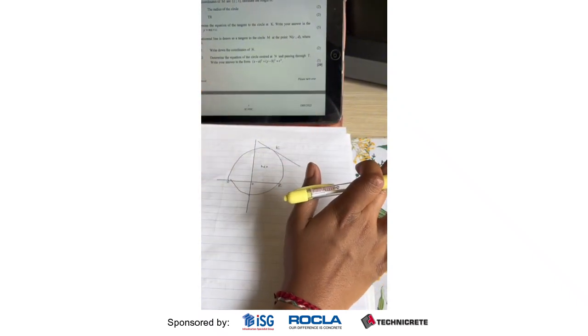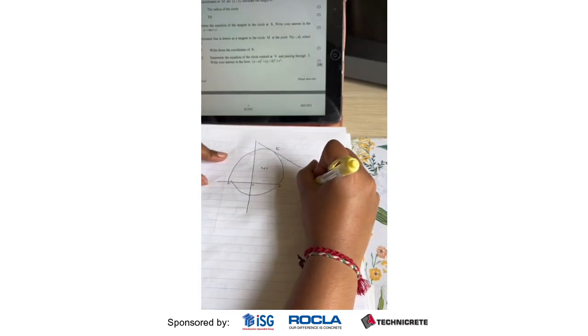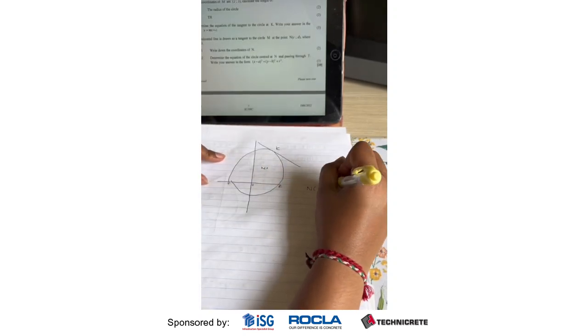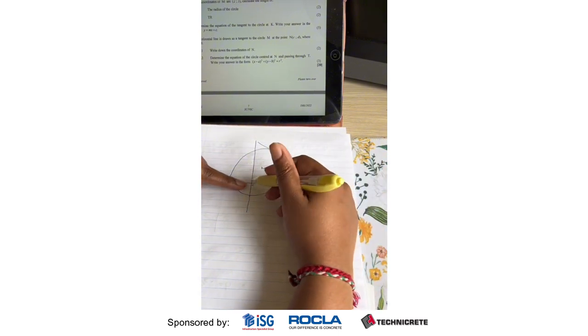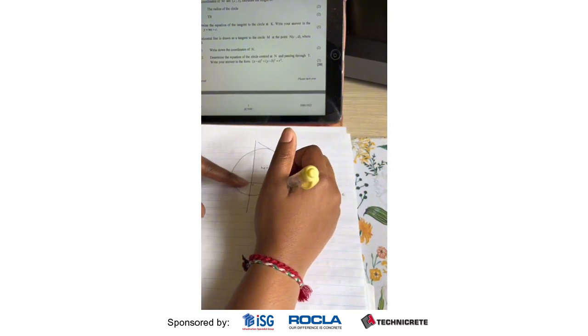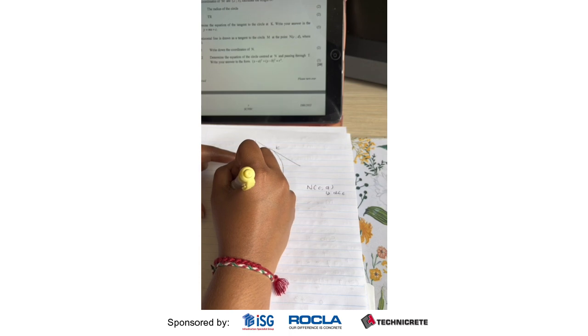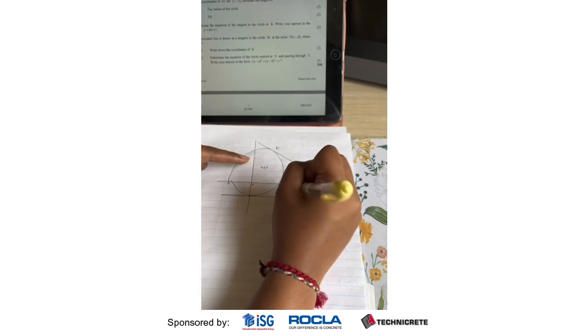So we've got a new tangent, but this y value of D is less than 0, which means it's sitting down here. So I'm going to have to draw it somewhat like this.